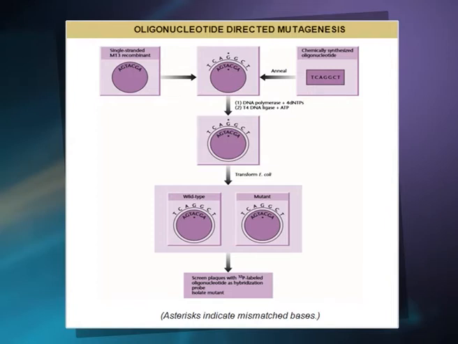After the transformation of the host E. coli, this heteroduplex gives rise to homoduplexes whose sequences are either that of the original wild type DNA or that containing the mutated base. The frequency with which mutated clones arise compared with wild type clones may be low.